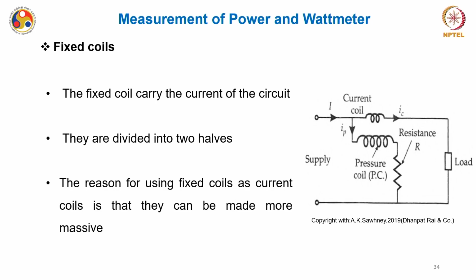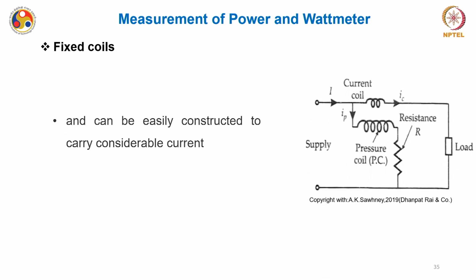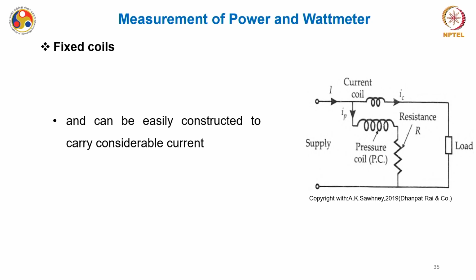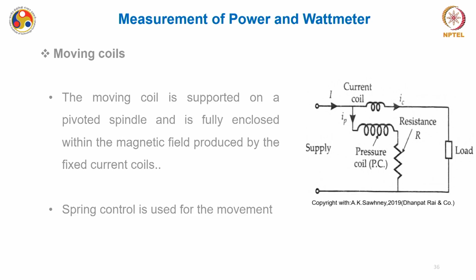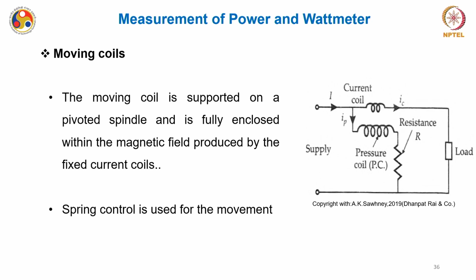The reason for using the fixed coil as the current coil is that it can be made more massive, so it can be easily constructed to carry a high amount of current, typically of the order of 10 to 20 amps. For carrying very high current, the coils are insulated so that any kind of eddy current induction and other things are avoided.